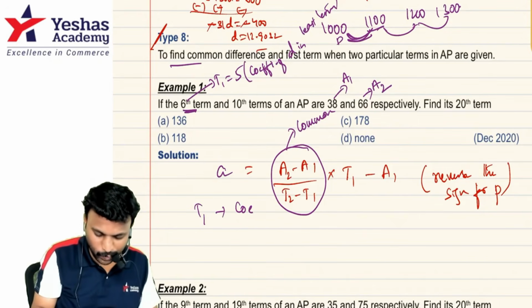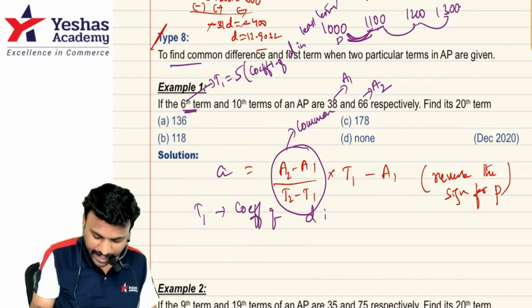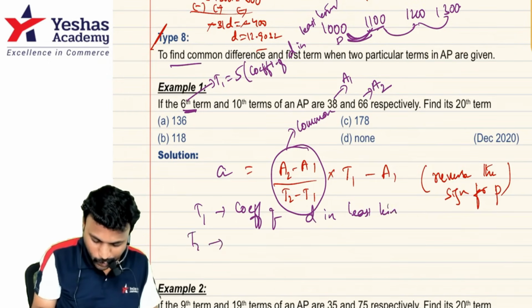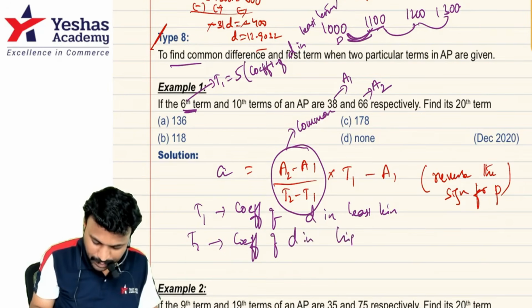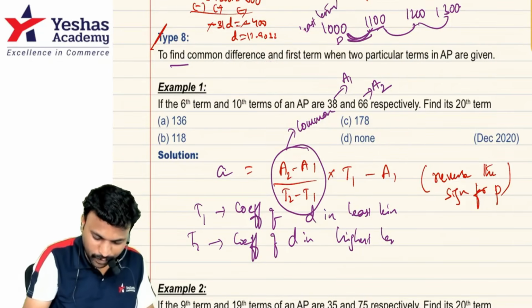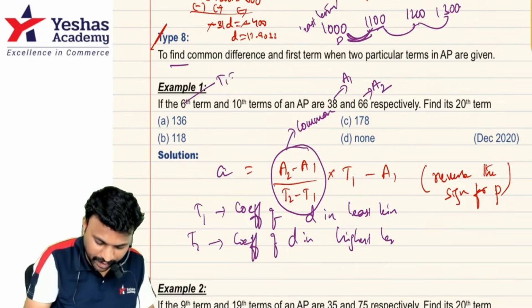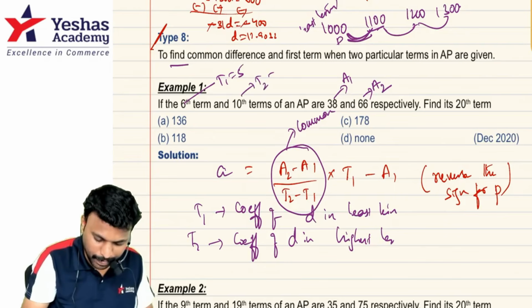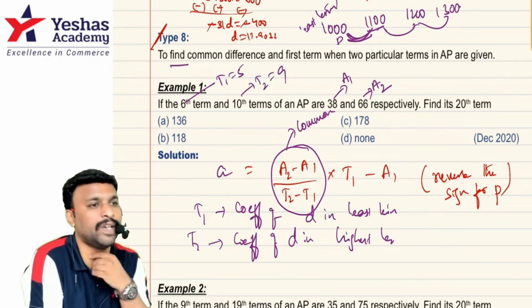T1 is the coefficient of D in the least term and T2 is the coefficient of D in the highest term. Everybody, tell me in this question what is T1? Is it 6 or 5? 5. What is T2? In the 10th term, what is the coefficient of D? 9.